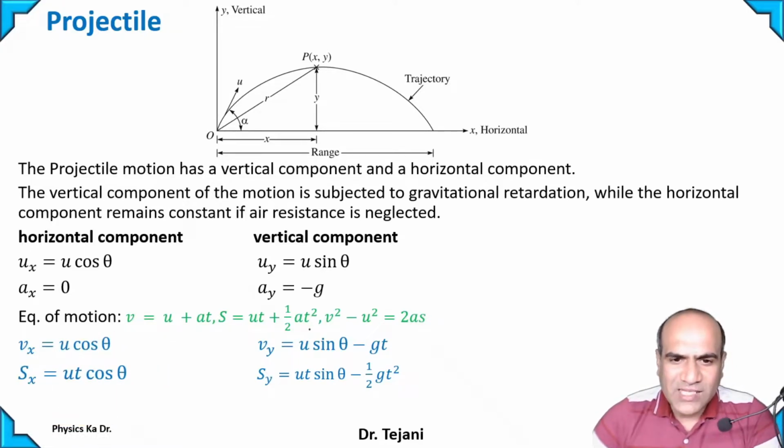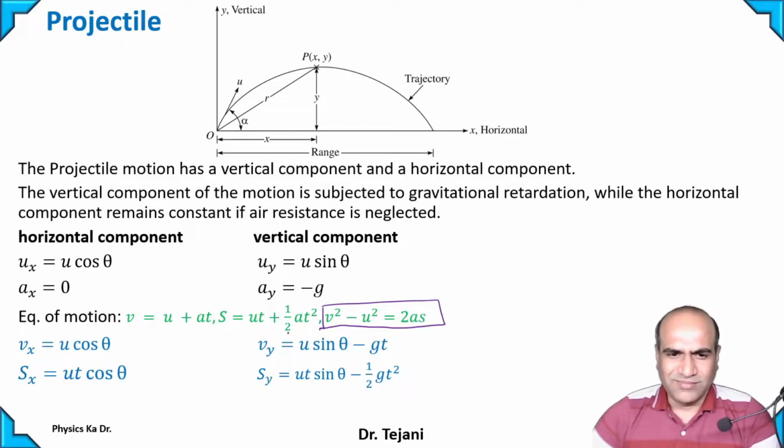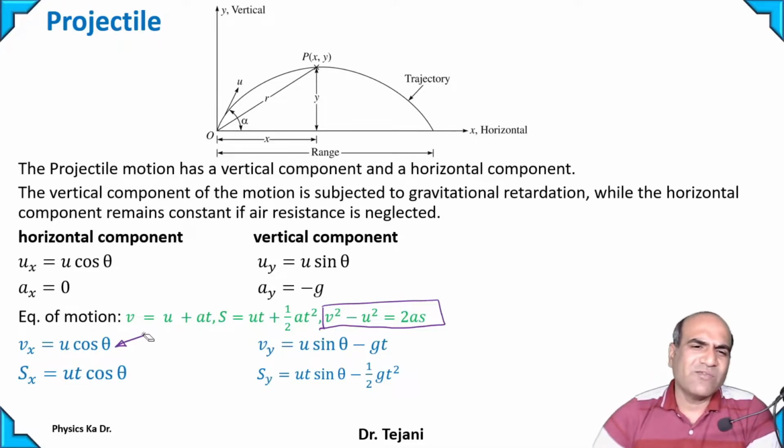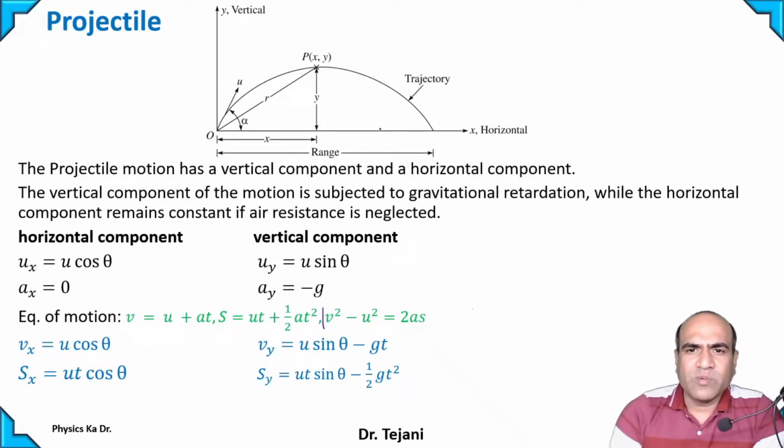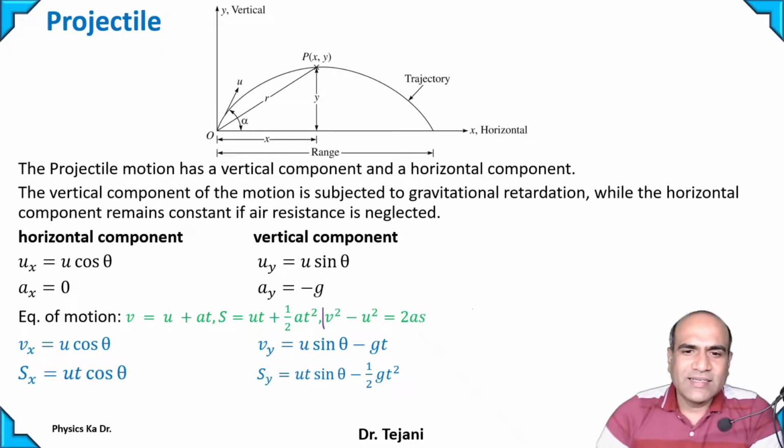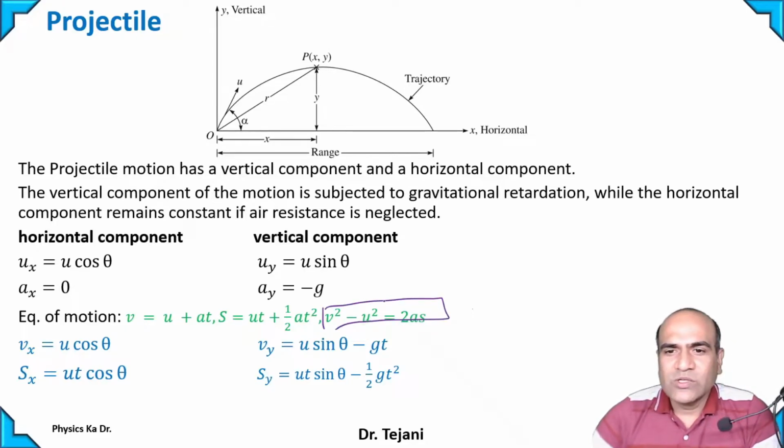And the last one we have is the third equation of motion. It is for velocity. We already have one equation for velocity, so why not another equation for velocity. See, the earlier equation is useful when time is given, but when time is not given, say for example displacement is given, say at a certain time the object is at this position, and we have to find the velocity, then the last equation is useful. The equation is v square minus u square = 2as.